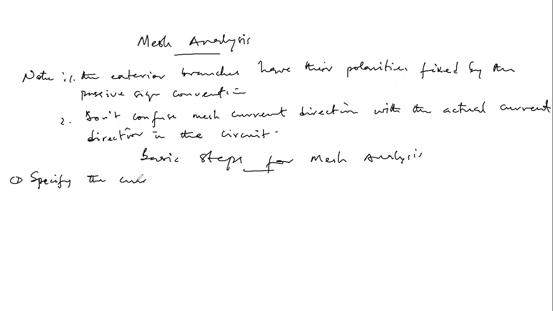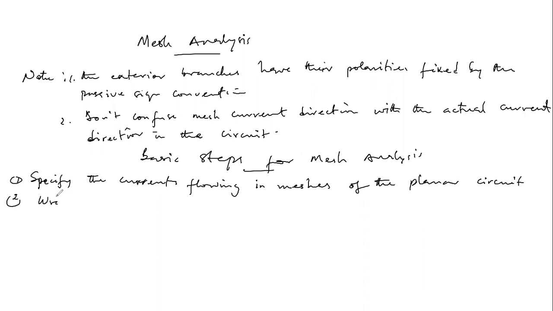The second point here is to write KVL around the meshes. Then the third point is to use Ohm's law to express voltages across the elements in terms of the mesh currents.